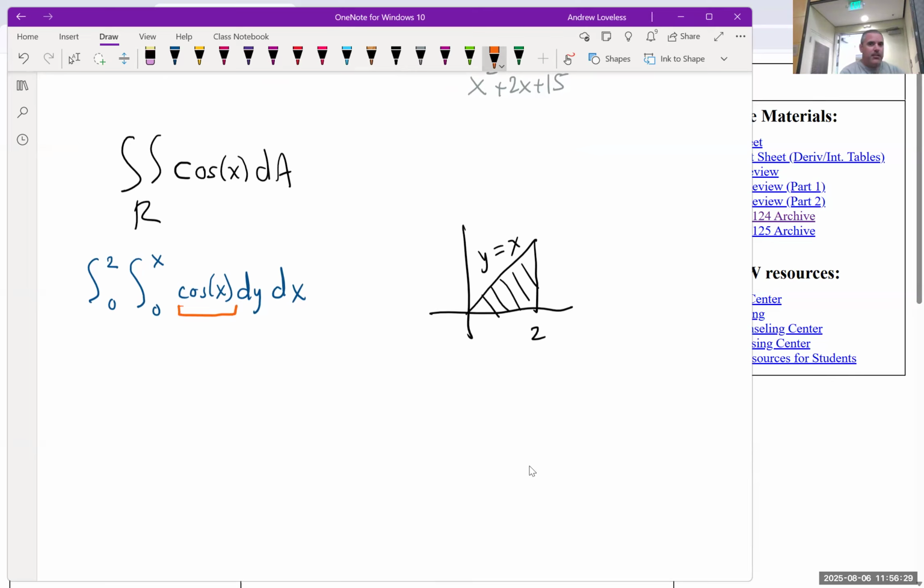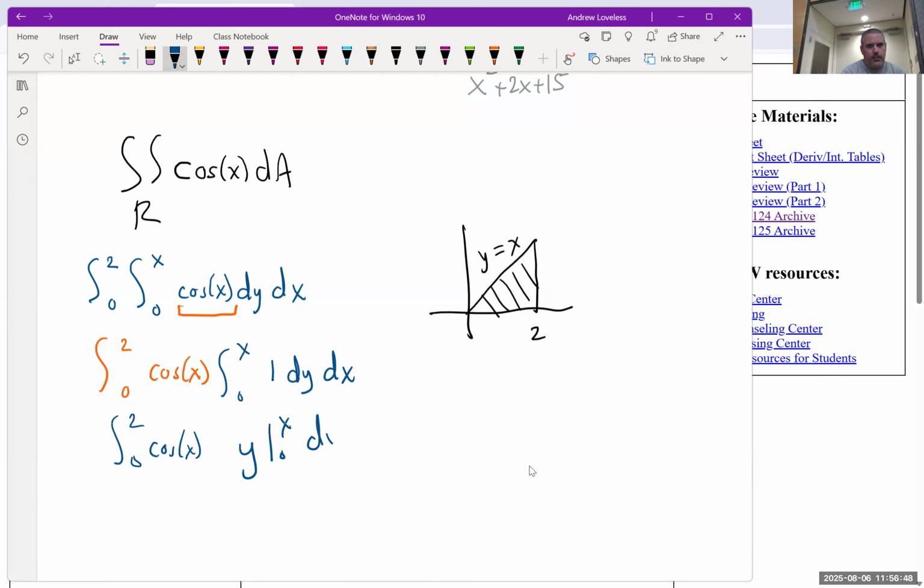It's like there's a 5 sitting there. You can even yank it out to make that very explicit. And so if you integrate this, you get the integral from 0 to 2 of cosine of x times y, evaluated from 0 to x, dx, and then you get the integral from 0 to 2 of cosine of x times x.